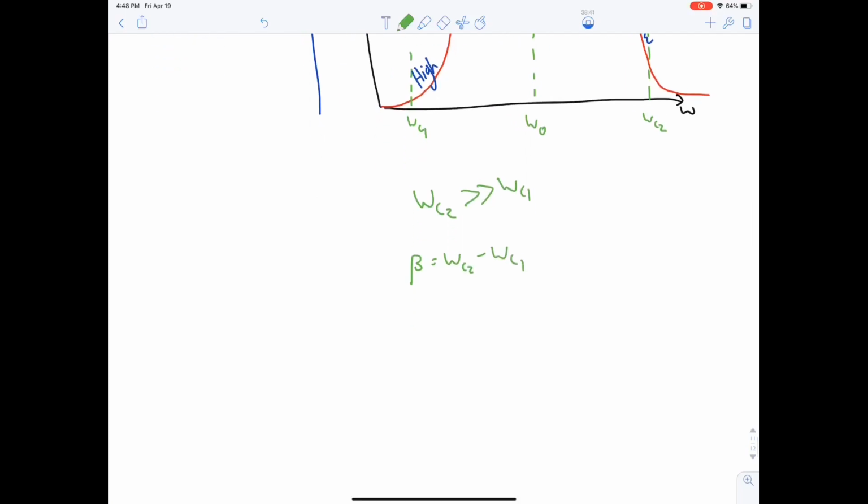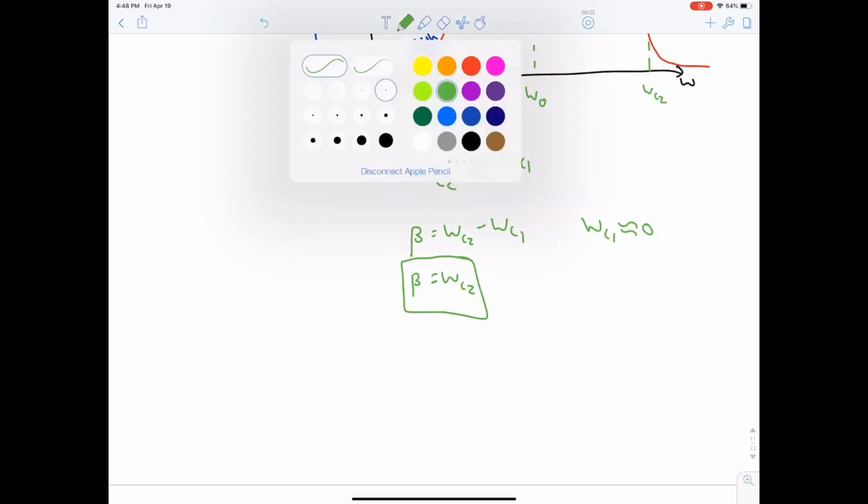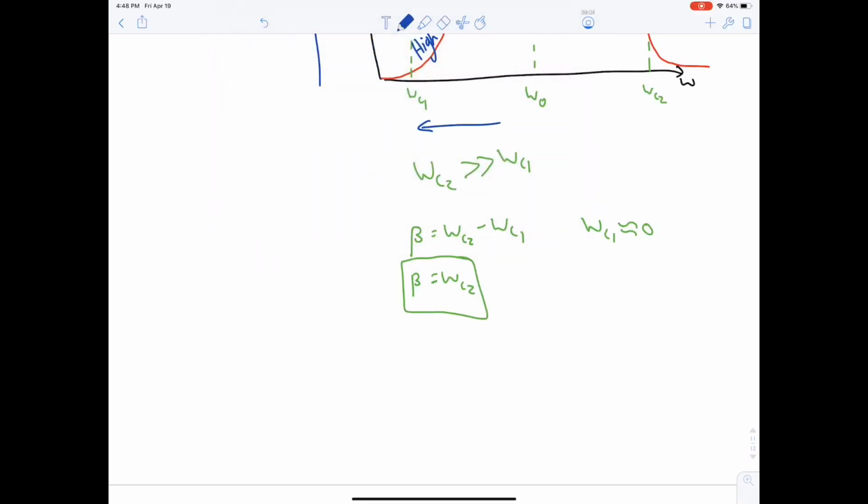But when you subtract a small number from a very large number, you won't notice any difference. So as a simplification, you can just say beta is equal to omega C2 in active filters, because omega C1 is almost 0 compared to omega C2. Okay, I hope it's clear. This is beta.